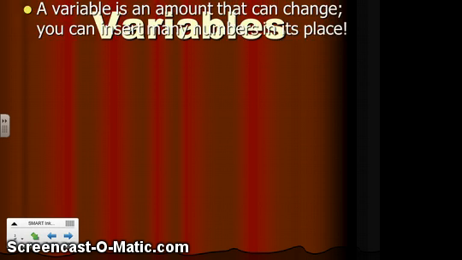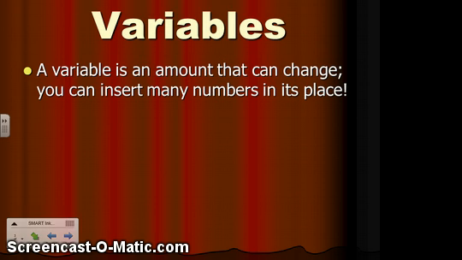Okay. Variables. A variable is an amount that can change, and you can insert many numbers in its place. So I want you to think about our algebraic patterns that we were doing last Friday and yesterday. We had many numbers in our input and output tables that we were trying in place of that variable.